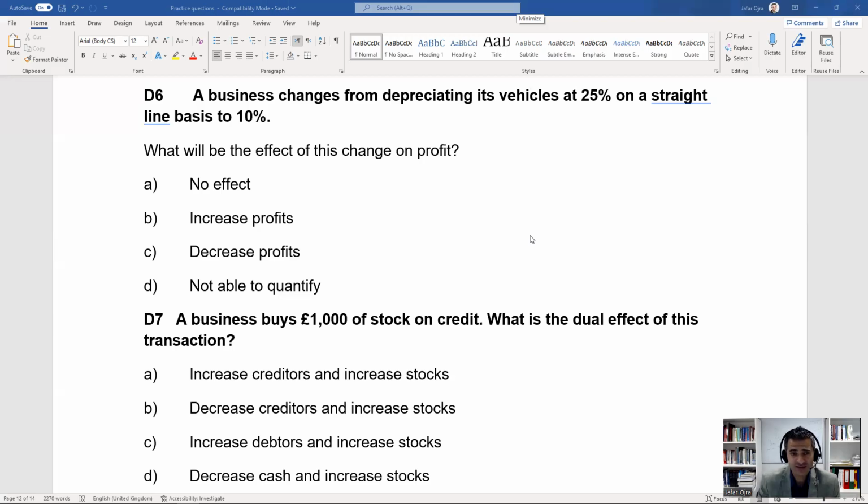Of course, the profit will be increased. Why? Because if you decrease the depreciation charge, the depreciation will be less. As a result, the expenses will be less, and if the expenses are less, that will make the profit more. So the answer is the increased profit. So B.